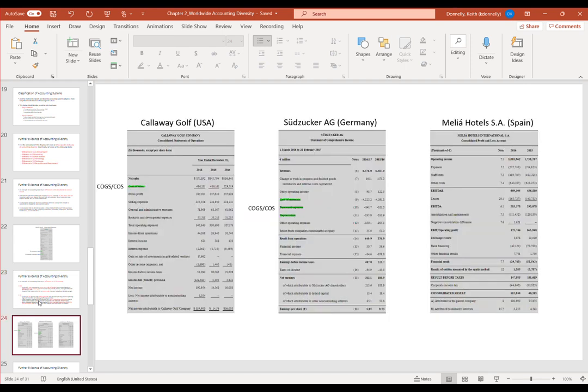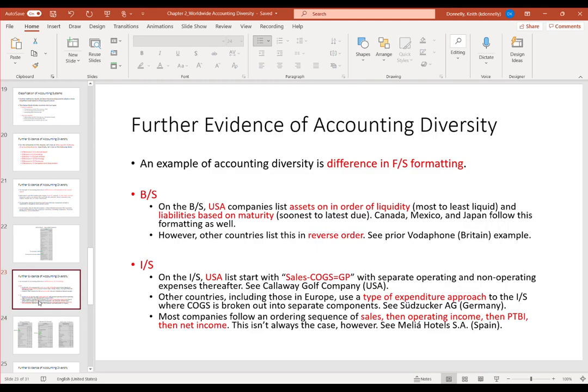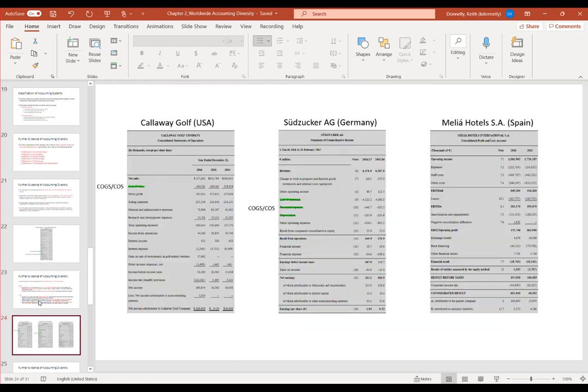So this is showing how we have a US, a German, and a Spanish company. One just has cost of goods sold. The one in Germany breaks that cost of goods sold out into different components. And the Spanish company takes a different approach to presenting its income statement.